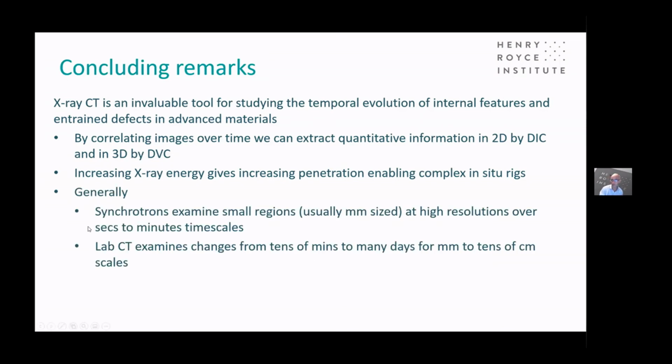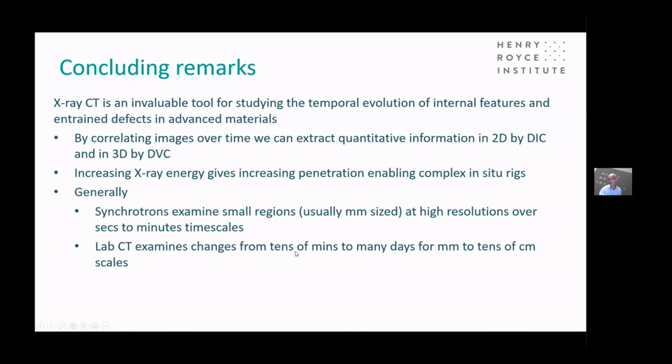Generally, synchrotrons are best for small samples because largely they illuminate only a small region, usually millimeter sized. So synchrotrons are generally best suited for millimeter sized samples with micron-scale resolutions with timescales of seconds or even sub-seconds to minutes. Whereas laboratory CT tends to examine larger samples.